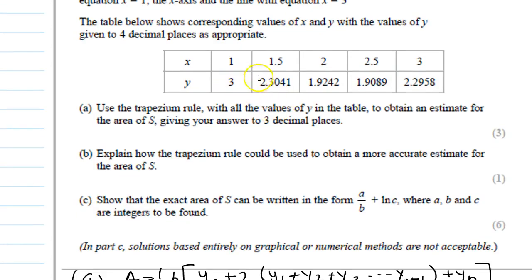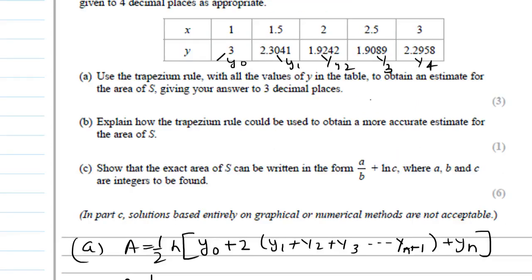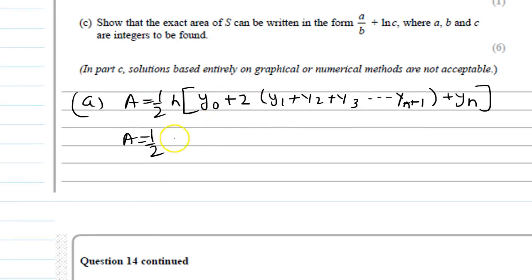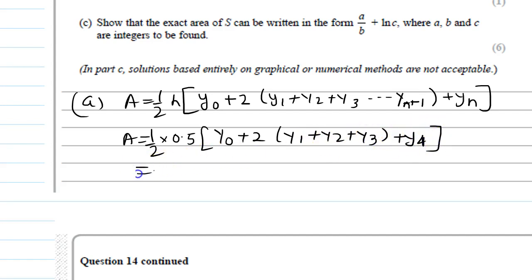This 3 is your y0, this will be your y1, y2, y3, and this will be your y4. So 1 by 2 h is 0.5 divided by 2, it will be 0.25 times y0 plus 2 times y1 plus y2 plus y3, and the last value y4.